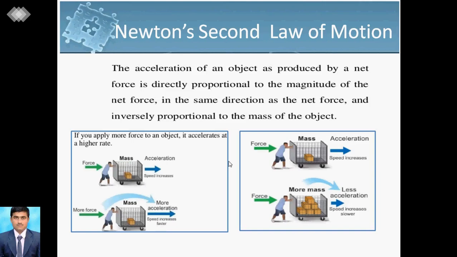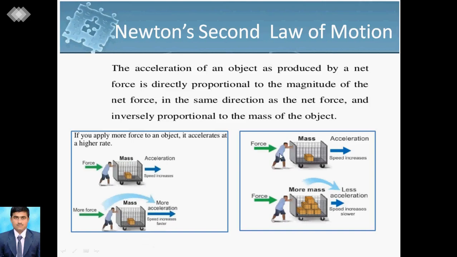Let us look at the first picture. While applying the force, the acceleration increases, because F is proportional to a. The next picture indicates that when you apply more force, the acceleration will be more. That is why we write F proportional to a.